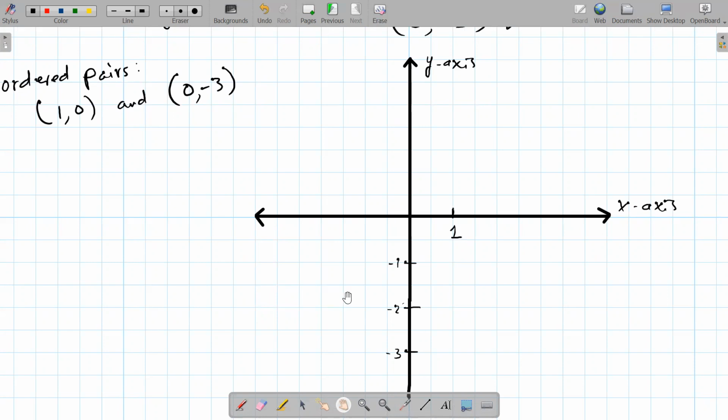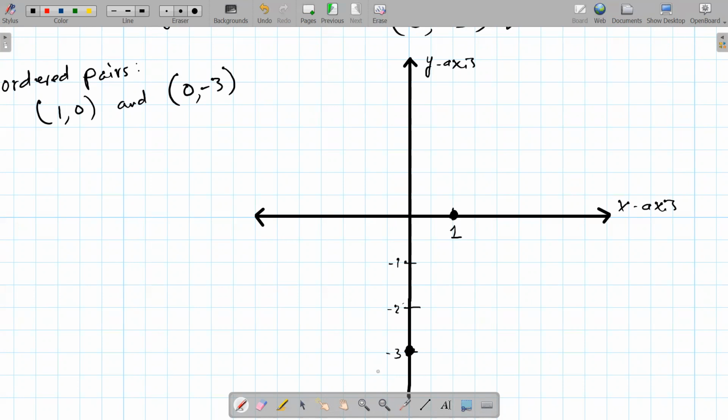So the first intercept that we got was the x-intercept 1, 0. In all cases, the point has to be on the 1 because that is where we identify our x value. And then when we come to the y-intercept, it was 0, -3. The point has to be on the -3. So here we go.